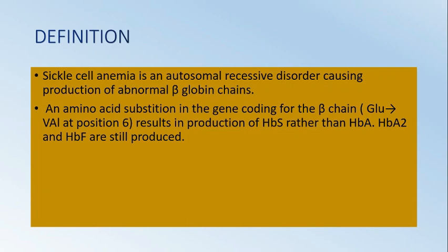So there is production of hemoglobin S rather than the normal hemoglobin A and hemoglobin F that was supposed to be produced. There is an abundance of hemoglobin S, even though there is still production of hemoglobin A and hemoglobin F, but it's not as abundant as it should be.